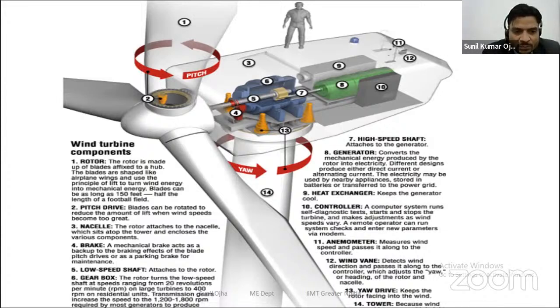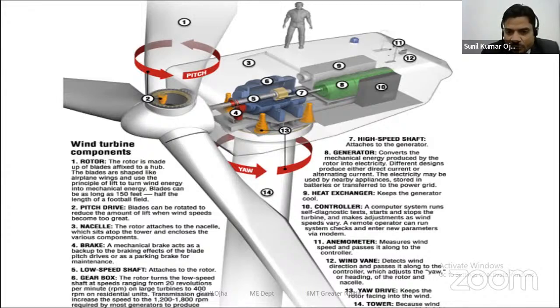Brakes, there is a low speed shaft, and the gearbox is attached to that. There is a high speed shaft that is attached to the generator, and there is a heat exchanger unit to keep the generator cool, and there is a controller. A computer system runs self-diagnostic tests, starts and stops the turbine, and makes adjustments as wind speed varies. As the wind direction changes, the controller will adjust accordingly.